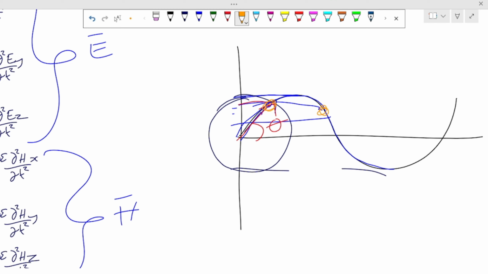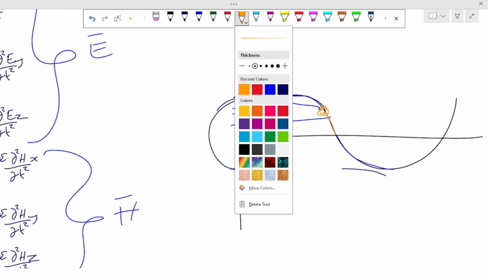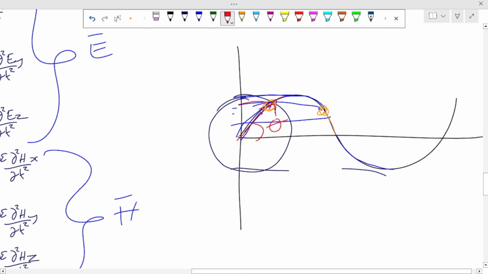Meaning, as this red point is going like this, the other point will be going like this. So their angles, are they the same? Of course not. This is the angle for the red point, and this is the angle for this orange point. Are they the same angles? Nope. They don't form the same angle.